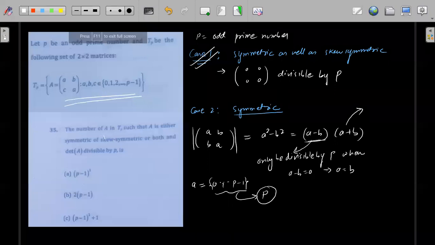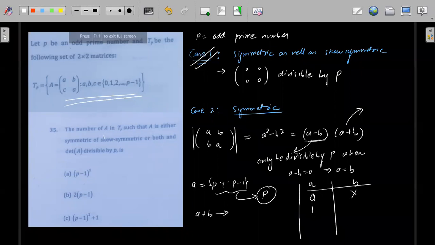Now let's see when a plus b is divisible. Here a and b will be of such form. A will start from 1, because with a equal to 0 there will be no such b. So b will become p minus 1.